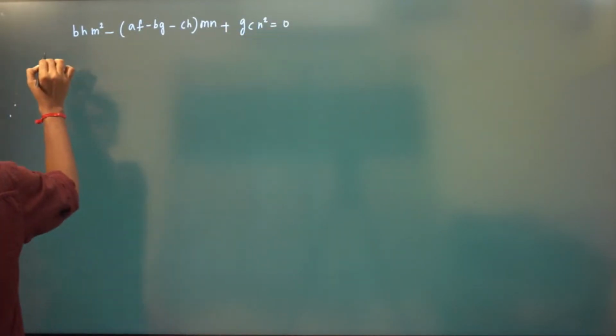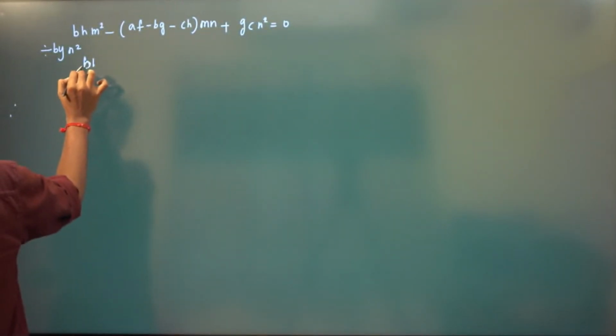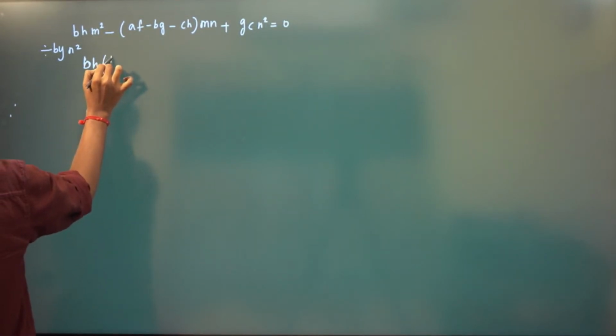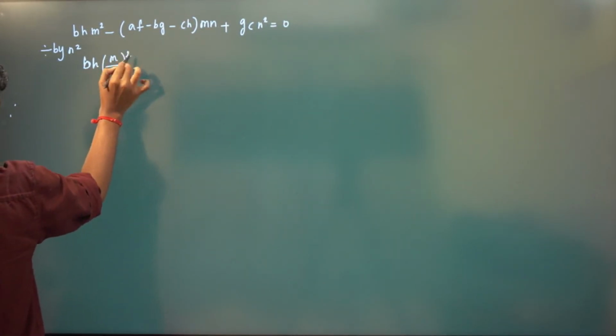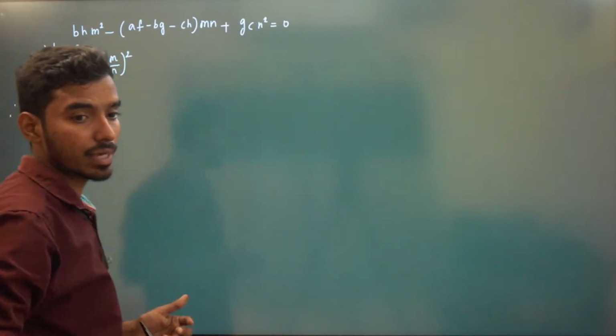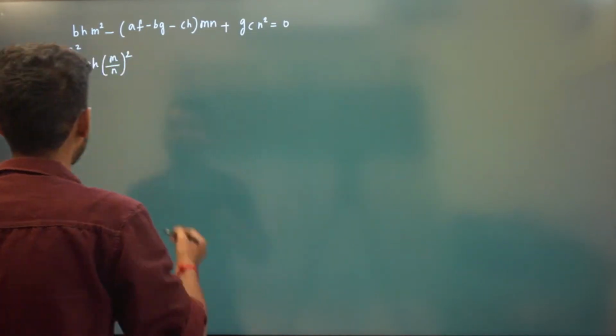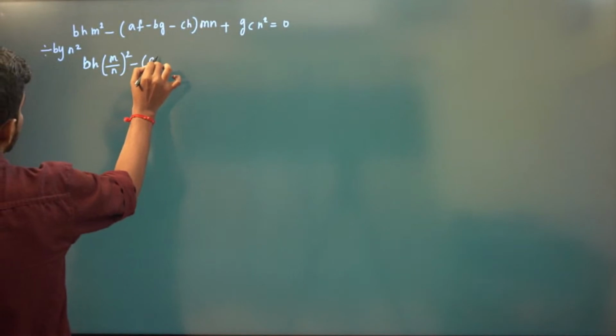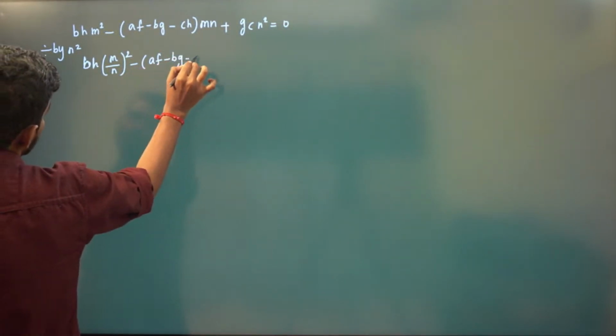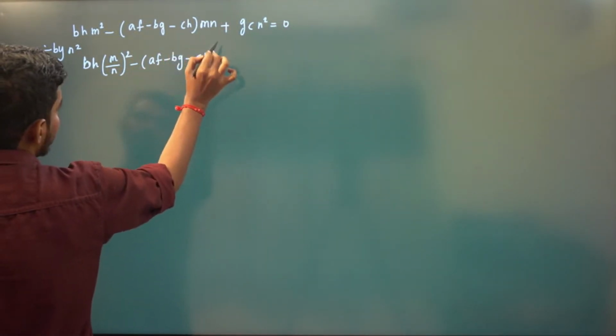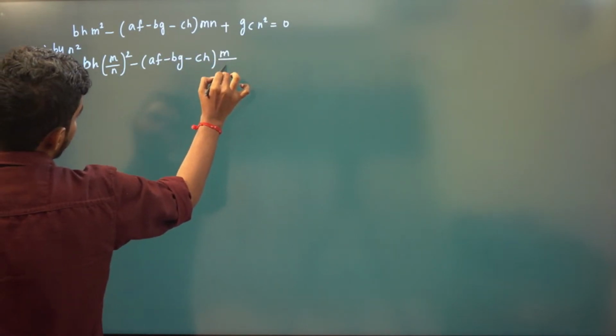Now we will divide by n square, or you can also divide by m square. So this will be BH m by n whole square, right? So we divide by n square, we will have m square by n square, which is m by n whole square, minus AF minus BG minus CH. If we divide by n square, we will have m by n.